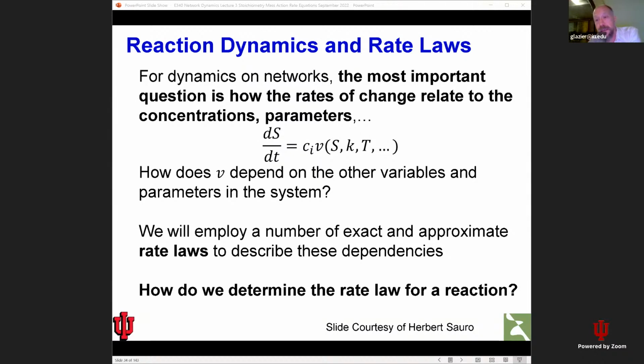In reality, if we're chemists, we're going to consider the rates of reaction dependence on temperature, which is actually pretty important. We might actually try to understand the energetics of the reaction. But in this class, we're going to assume that those things are somehow given to us. And they're going to be embodied in a rate constant K.